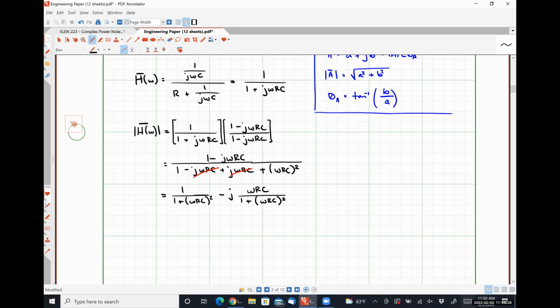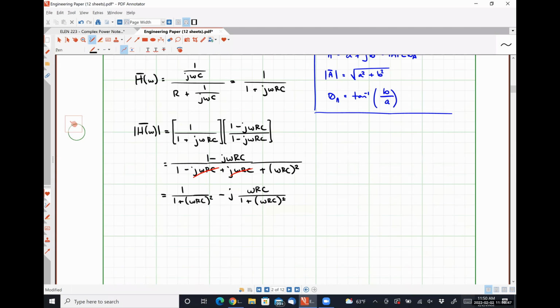So I now have split my transfer function into a rectangular form complex number with a well-defined real part and a well-defined imaginary part. That's how it's done.